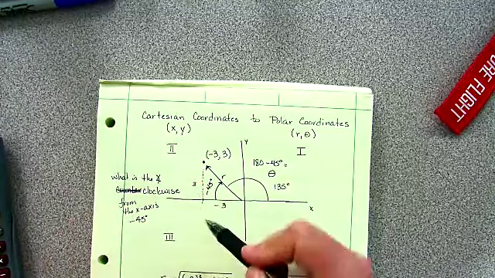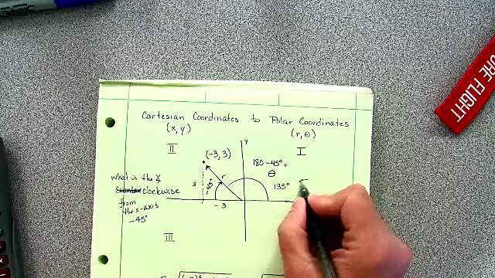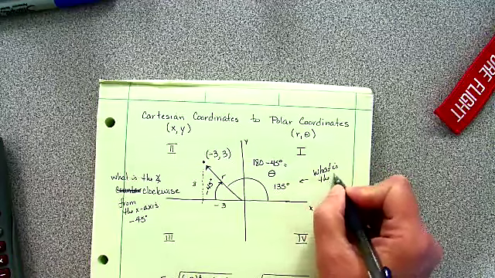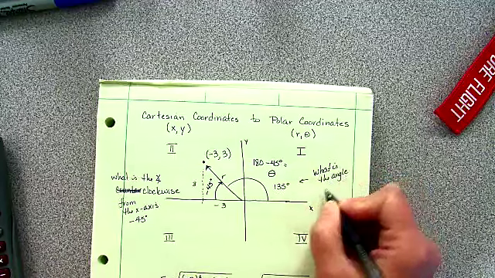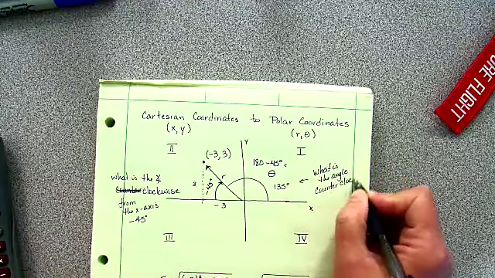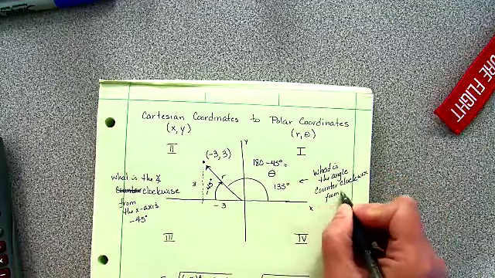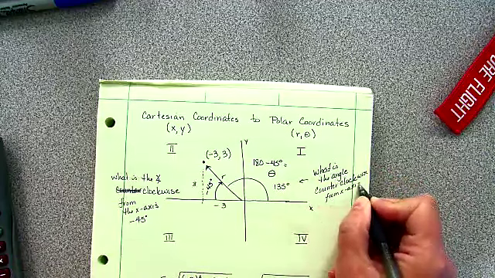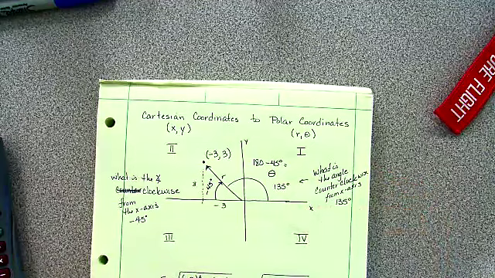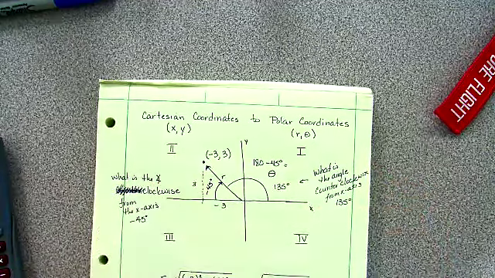What is the angle clockwise from the x-axis? Or it can ask, what is the angle counterclockwise from the x-axis? And that's going to be our 135 degrees. Yeah, that one's clockwise, not counterclockwise.